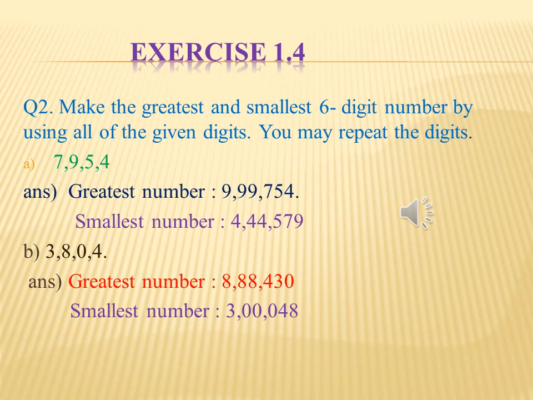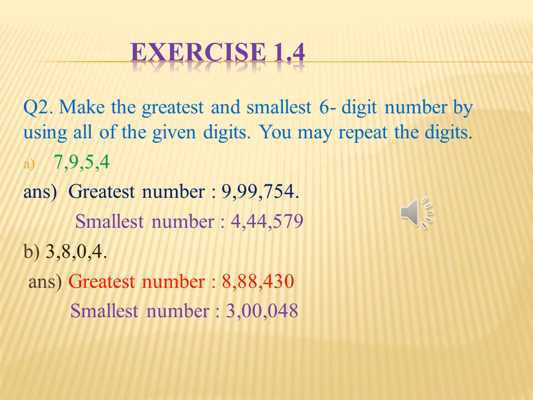Dear children, look at the second question. Make the greatest and smallest six-digit number by using all of the given digits. You may repeat the digits. If you look here children, four digits are given and they're asking us to find the six-digit numbers. That means we need to repeat a number three times.